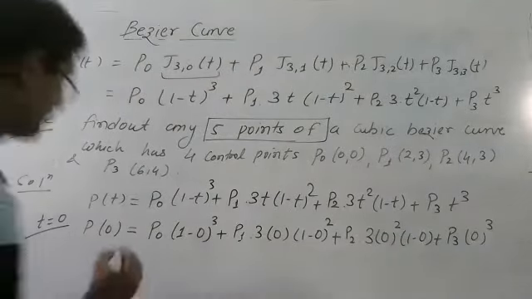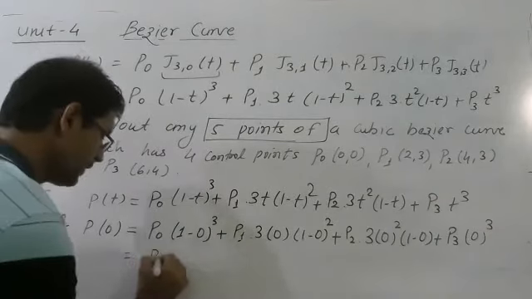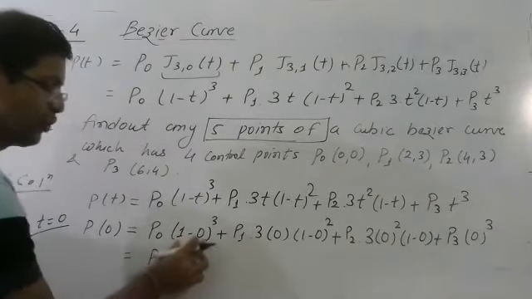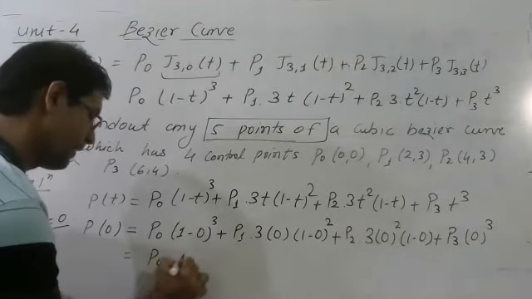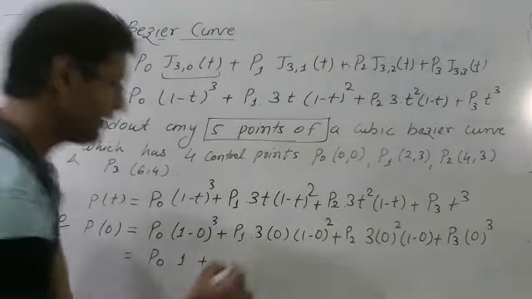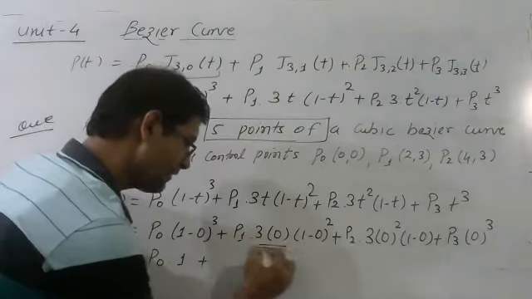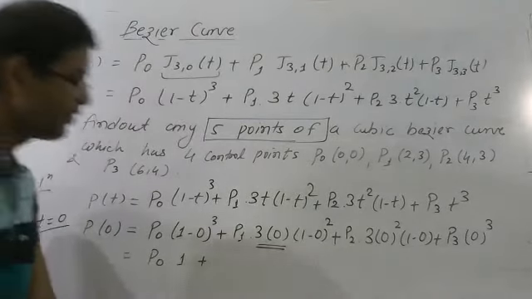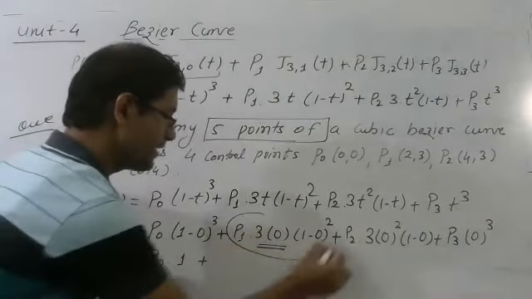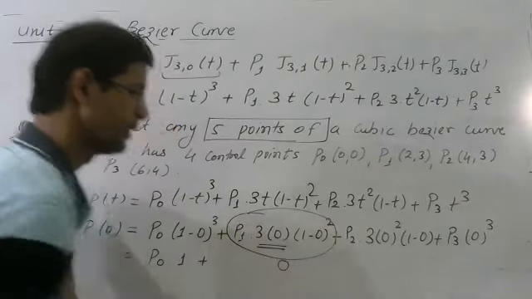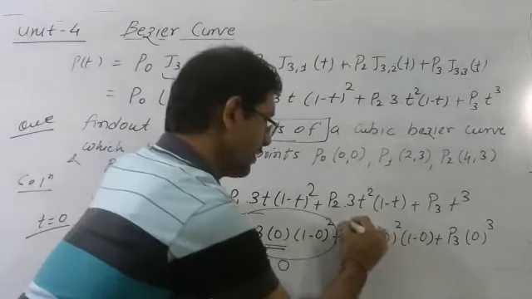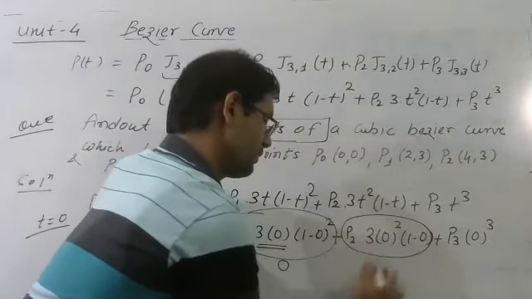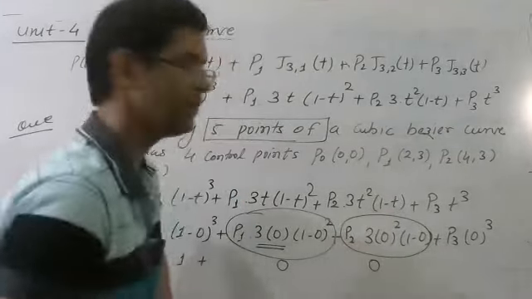So finally, P0 times (1 minus 0) cubed, and 1 cubed will be 1, so this will become 1. Plus here, 3 multiplied by 0 will be 0, so the complete term will be 0. In a very similar manner, 0 squared will be 0, so when we multiply with it this will become 0.